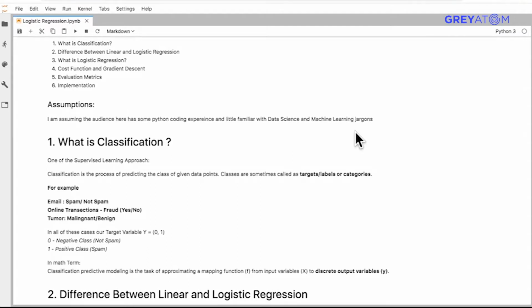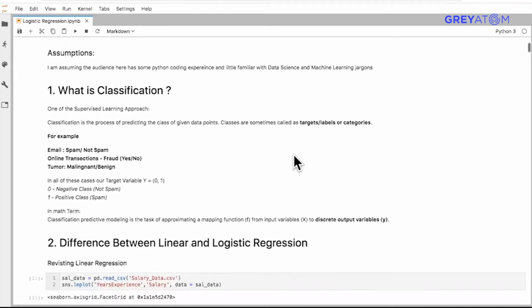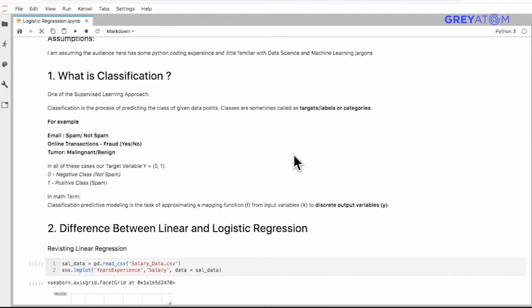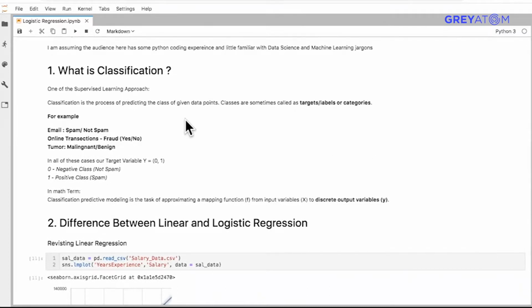Let's start directly with what exactly classification is. It's one of the supervised learning approaches, where we have a target variable and our data is labeled. To help you understand, let me give a few examples.